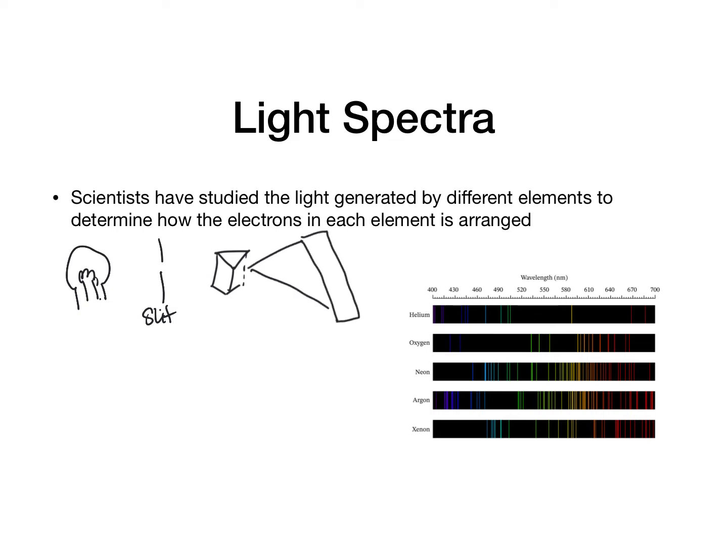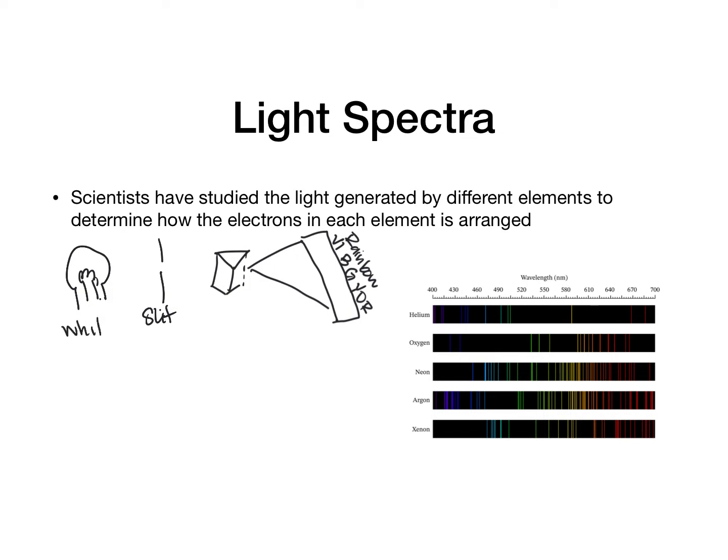And then we can see a rainbow. In terms of this, what we get is red, orange, yellow, green, blue, indigo, violet. So we have this continuous rainbow for what we would call white light.